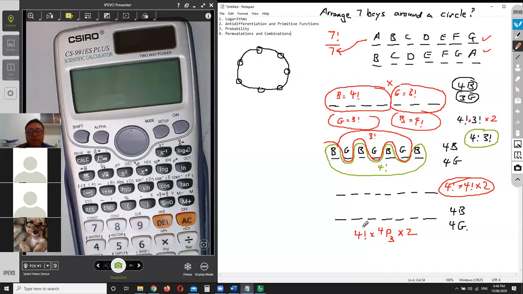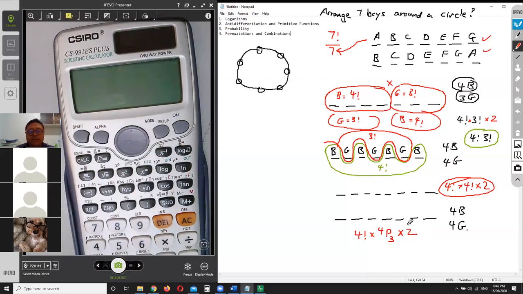Because you can have 4 boys and 3 girls, or you can have 4 girls and 3 boys. So that's why you times 2, because you can have 1 girl left out, or you can have 1 boy left out.